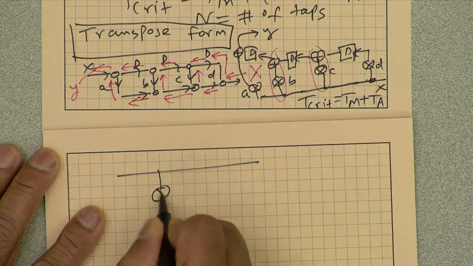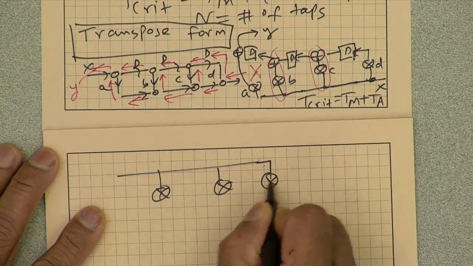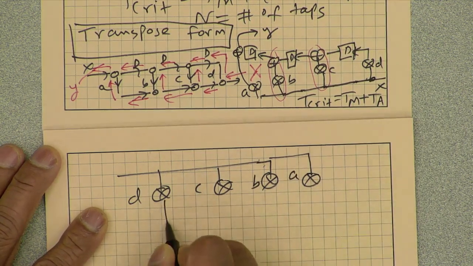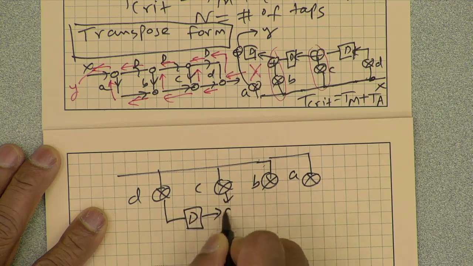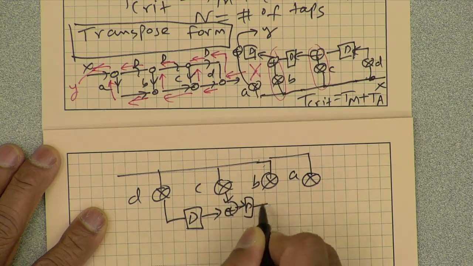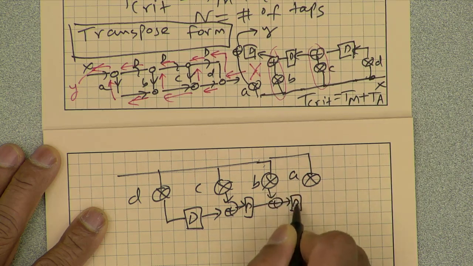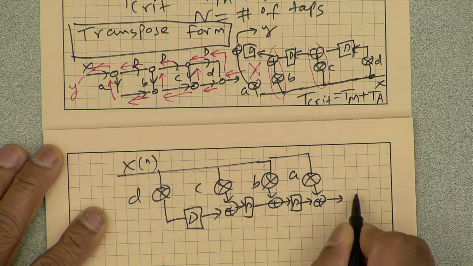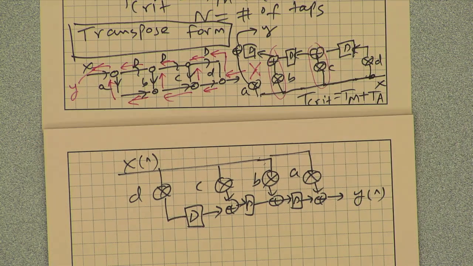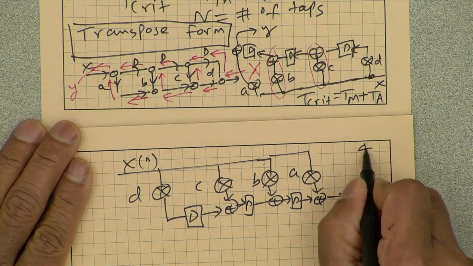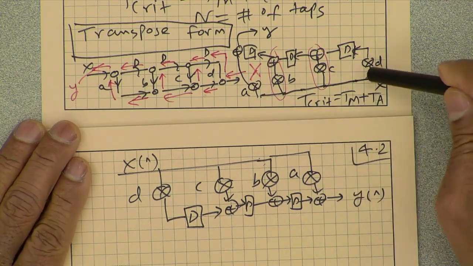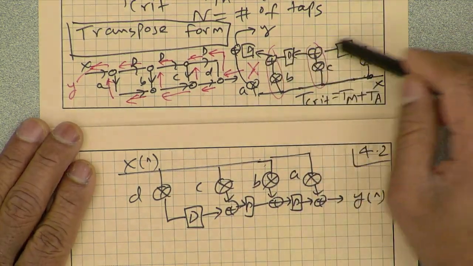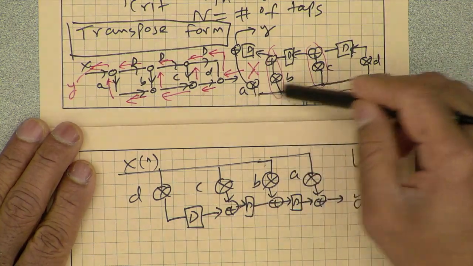So in fact, if I redraw that in a more familiar form, okay, that's the exact same equivalent circuit redrawn so that the input is on the left side, output is on the right side, the delay elements are on the bottom and the signal x is on the top.